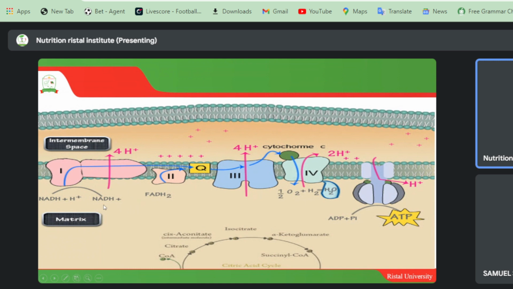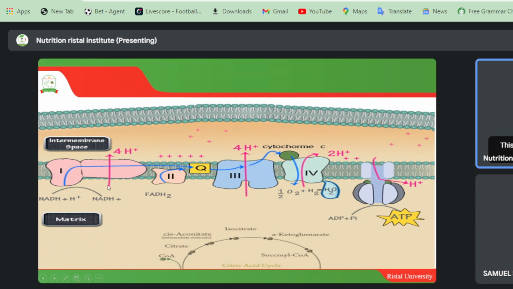While this proton that has been released from the NADH will be pumped from the matrix into the intermembrane space. This needs energy, but the energy from breaking off this proton and releasing that electron is powerful enough to pump that electron. Sorry, not electron, the proton.